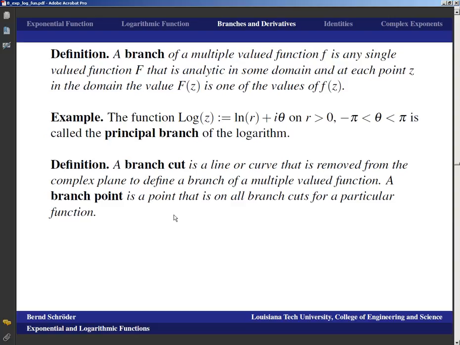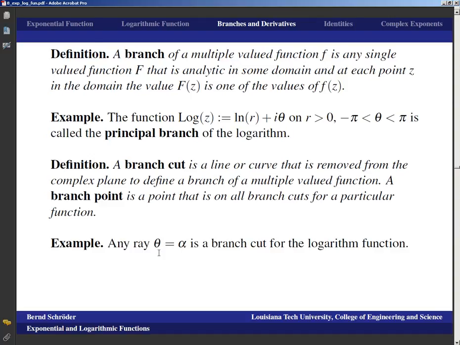And then a branch point is a point that is on all branch cuts for a particular function. Well, that should be 0 because the logarithm of 0 remains undefined no matter how I cut. So that means that that one probably will be on all the branch cuts, and that turns out to be the case. So any ray theta equals alpha, for example, is a branch cut for the logarithm. We don't just need the principal branch cut.